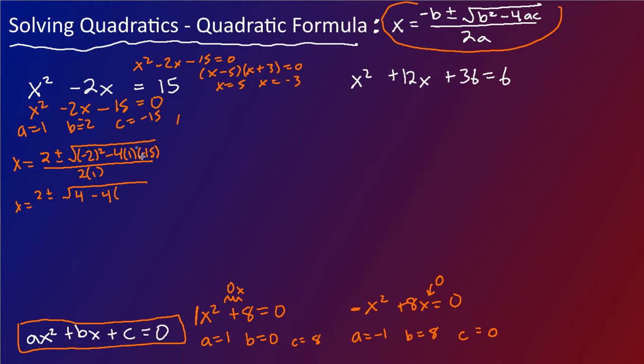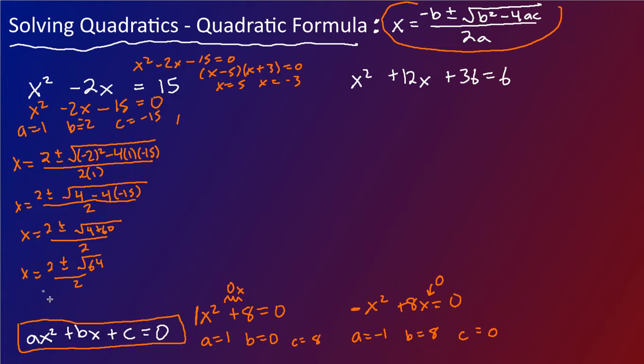Minus 4 times 1 times negative 15, and 1 times negative 15 is negative 15, following my order of operations. Then if I continue on, I get 2 plus or minus, and negative 4 times negative 15 is positive 60. I work my way down and finally get to 2 plus or minus the square root of 64, all over 2.